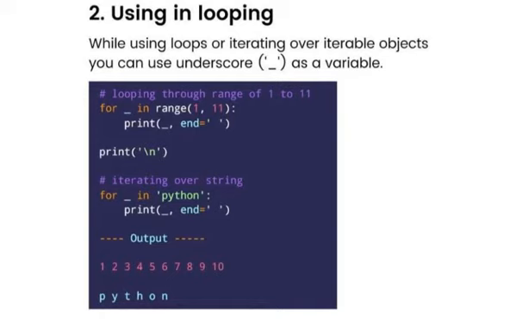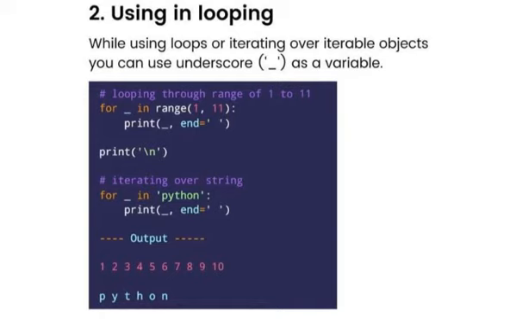In general, we use a variable: for x in range 1 comma 11, print x. We use that notation. Instead of a variable, you can use underscore in that variable place. For underscore in, and print underscore.